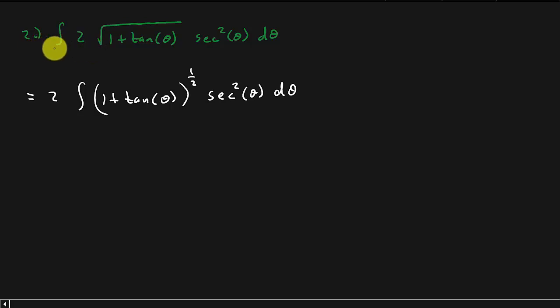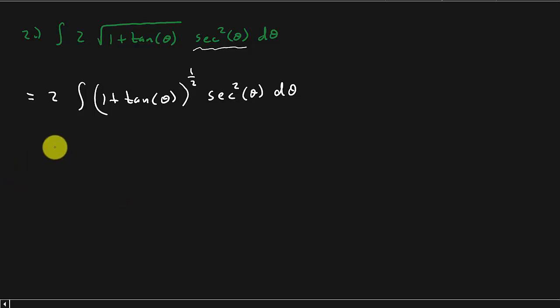I pulled the number out because the derivative of 1 plus tangent doesn't have a 2 in it. The derivative of 1 plus tangent is just secant squared. I don't need the 2, so I'm going to pull the 2 out. That's why I'm doing that. And so this is going to be 2 times the integral. Well, I'm sorry. Getting ahead of myself.